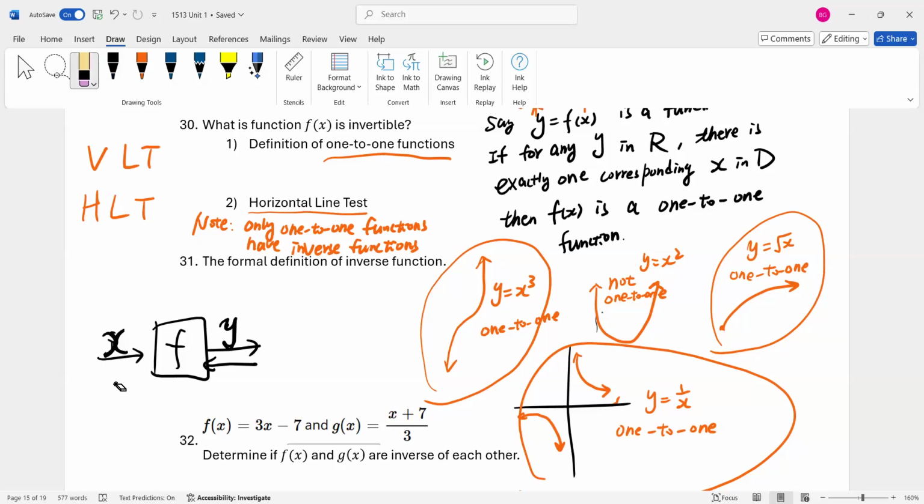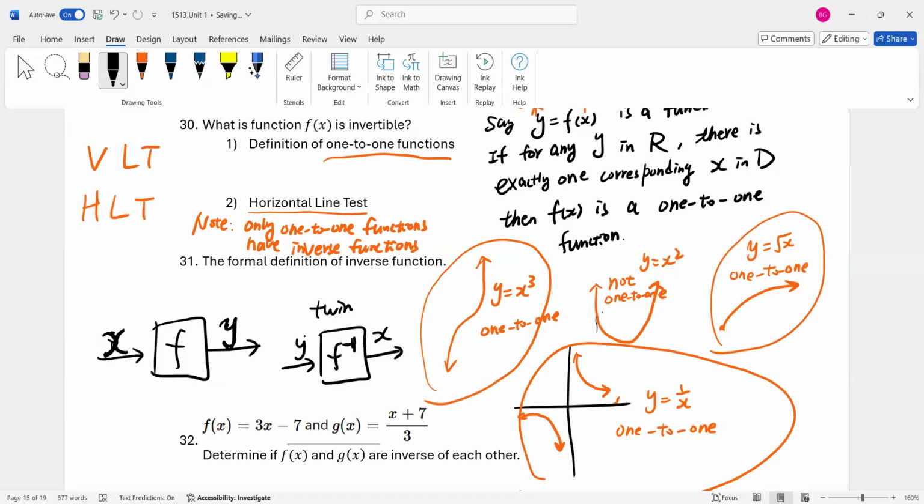How about this? An invertible function means the machine has a twin, not an identical twin, like a different machine. And that machine, if you put a y in it, will give you the x.